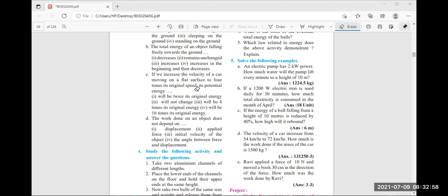The work done on an object does not depend on dash. Initial velocity of the object.